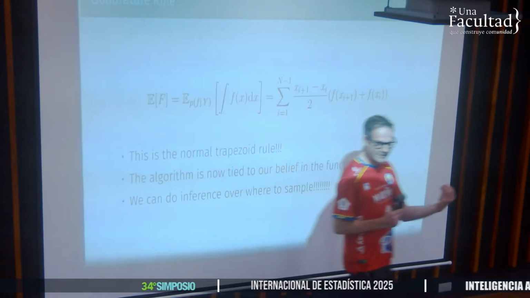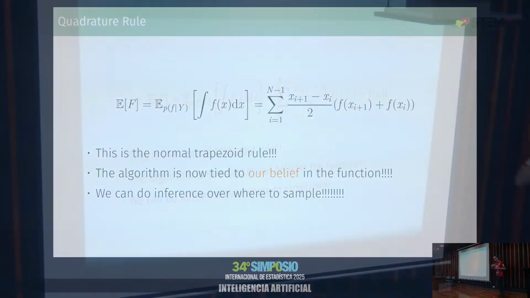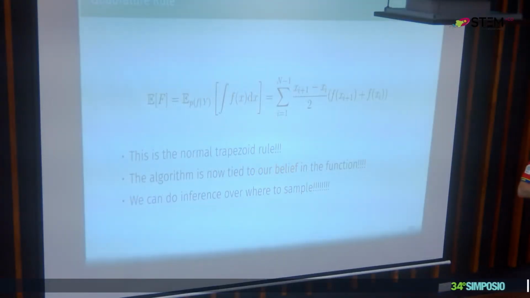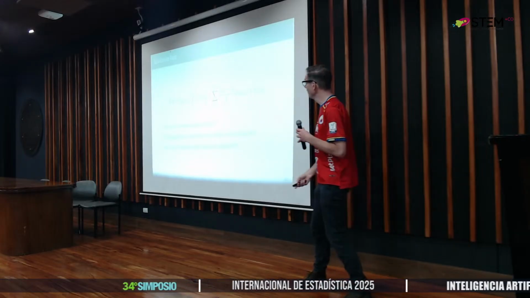You see how cool this is? I'm saying, I think my problem looks like this. What's the optimal algorithm to solve it with? And this is not super surprising. If you got a function which is piecewise linear, the trapezoid rule is there, right? You can do this with more advanced things as well, and there's a whole community trying to rederive classical numerical algorithms based on this, right?